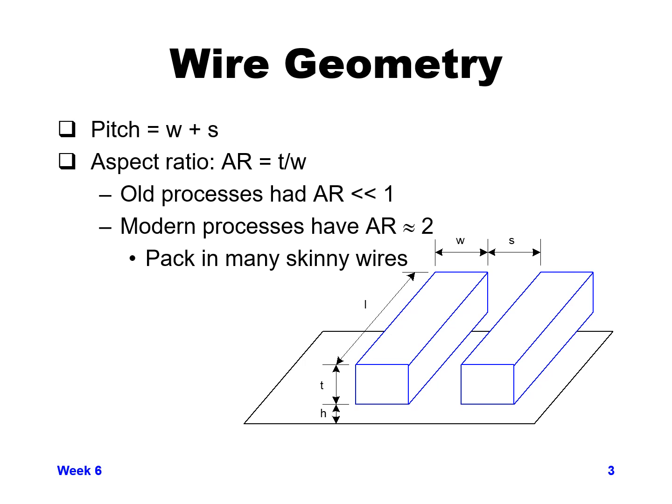But in modern processes, the aspect ratio has gotten much taller, so you can get wires a lot taller and closer together, so you can get more wires spaced next to each other over a given unit area, but they're very, very tall wires. So you're packing in a lot of wires close together that are really skinny relative to how tall they are. And we'll go into how that affects your wire properties.